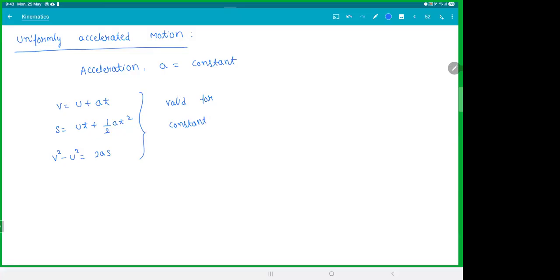If a is changing, you can't use these. u is initial velocity, v is final velocity, s is displacement and t is time.